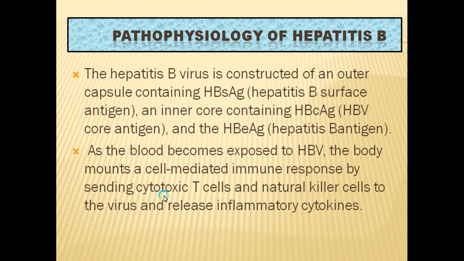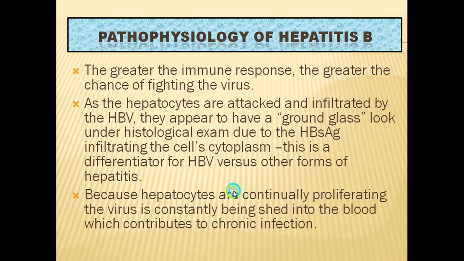They send the cytotoxic T cells, natural killer cells and inflammatory cytokines. ये तीनों तरीके से cell mediated immune response start होता है. Okay, the greater the immune response, the greater is the chance to fight the virus. ठीक है, अगर वो अच्छा रहेगा, naturally the virus can be fought properly.